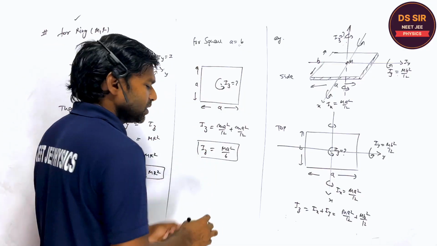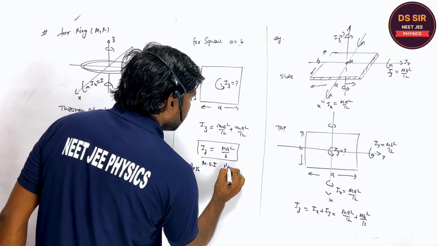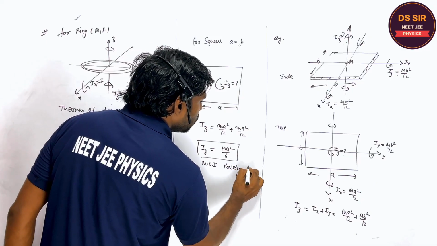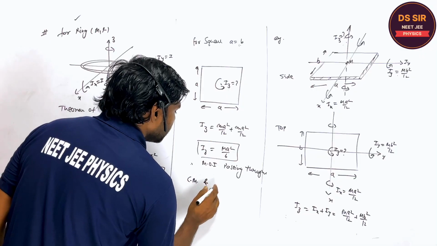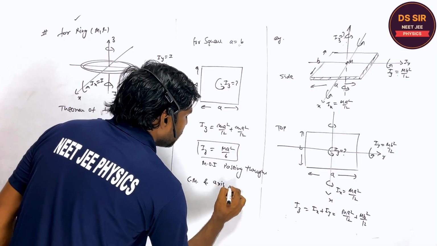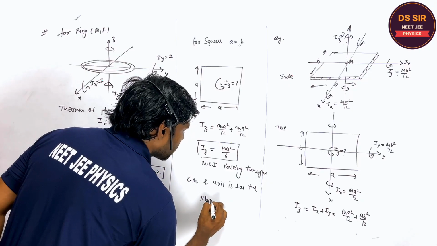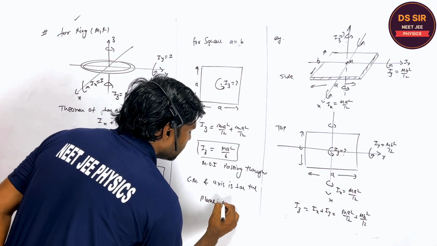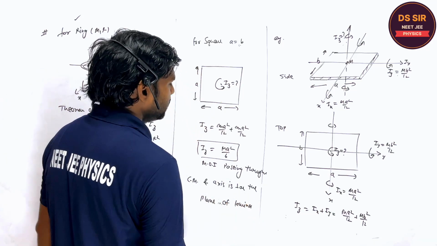This is the moment of inertia passing through the center of mass, with the axis perpendicular to the plane of the square lamina. Do you understand this? Copy.